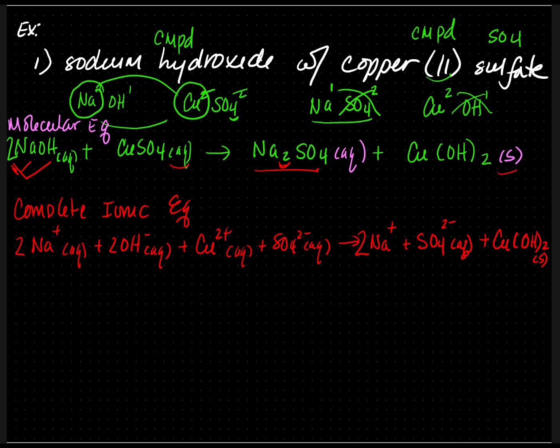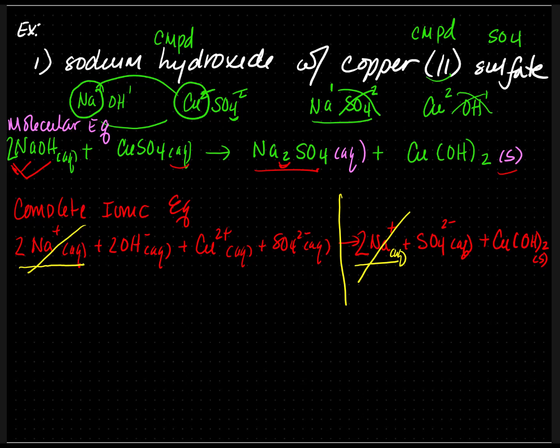Now we're going to simplify. Just like in math, we're going to reduce. We can only simplify things that are exactly the same on both sides. We have 2Na plus AQ. We have 2Na plus AQ. Sorry, I forgot to write the AQ here. So they cancel out. 2OH minus on the reactant side, but there is none on the product side.